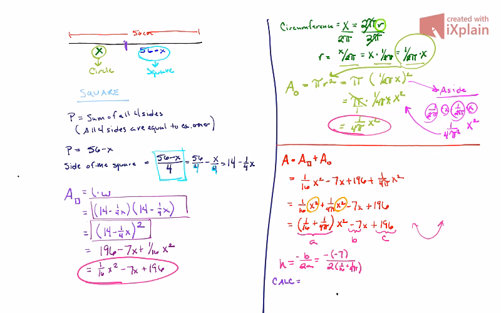If you're using your calculator, we would have 7, because in this case we have a double negative, divided by, and then we put a set of parentheses and do 2 times, and then you're going to have 2 sets of parentheses, one for 1/16 and close it, plus another one for 1/4 pi.